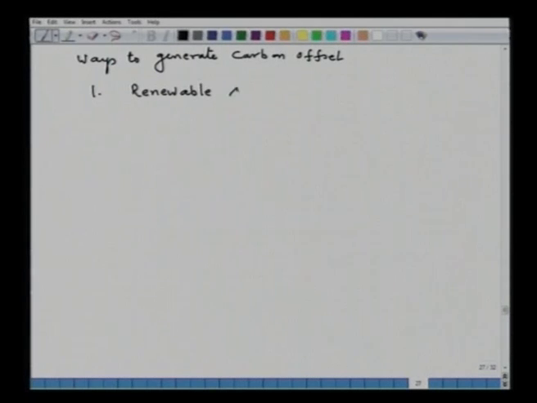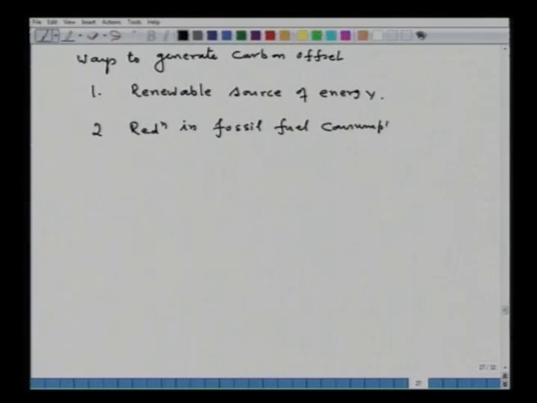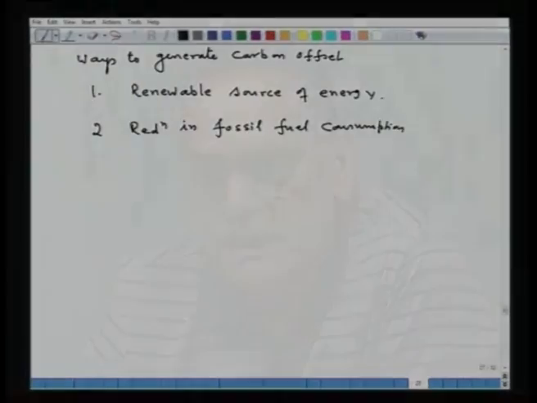One way is to use renewable sources of energy, and another is reduction in fossil fuel consumption. It is in this connection that energy efficiency is very important.